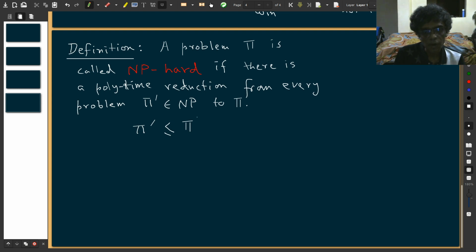Now this says a problem pi is so difficult that if I can solve this problem easily, then all the problems pi prime in NP can also be solved easily, efficiently in polynomial time, for example.